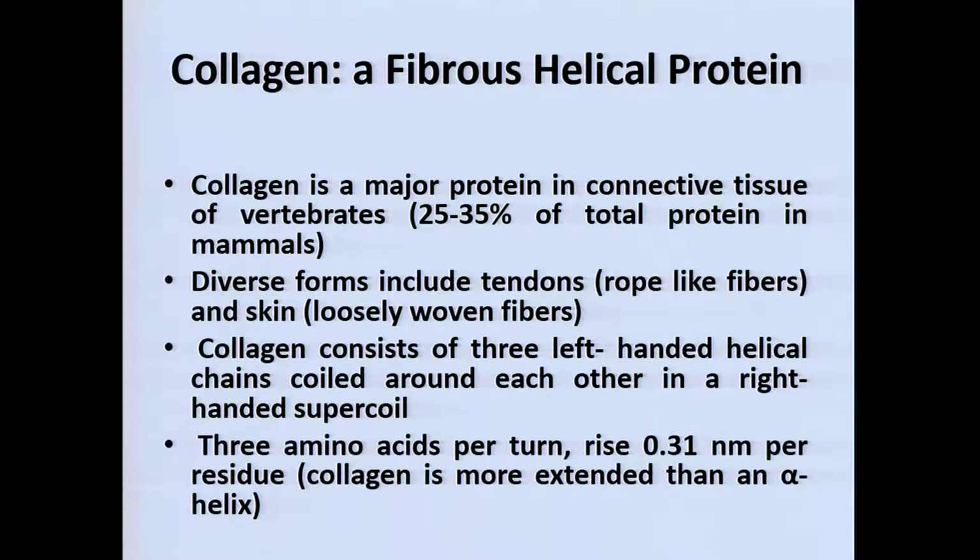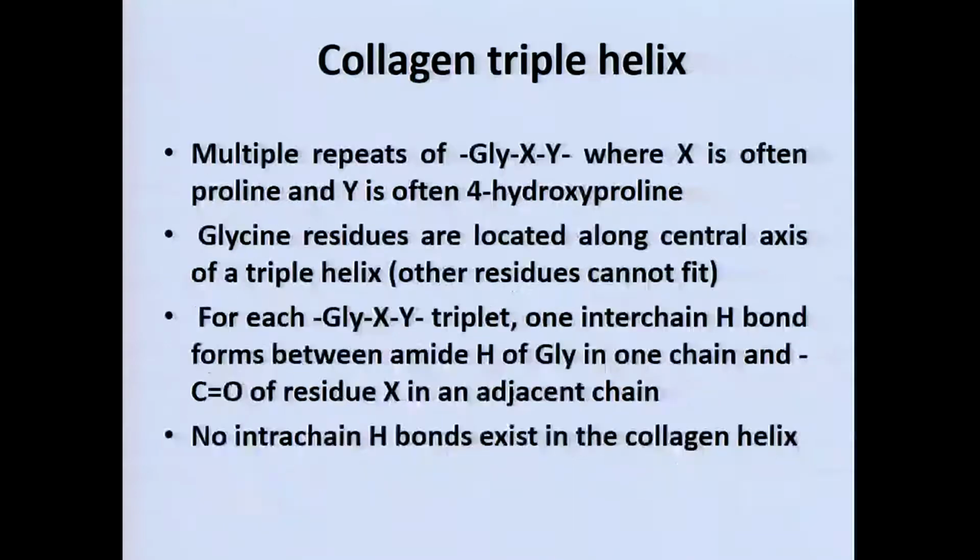And there is again a particular multiple repeat which is glycine-X-Y. So in collagen, this is the repeat which is happening again and again, while X is often a proline and Y is often hydroxyproline. So the proline is actually modified here.